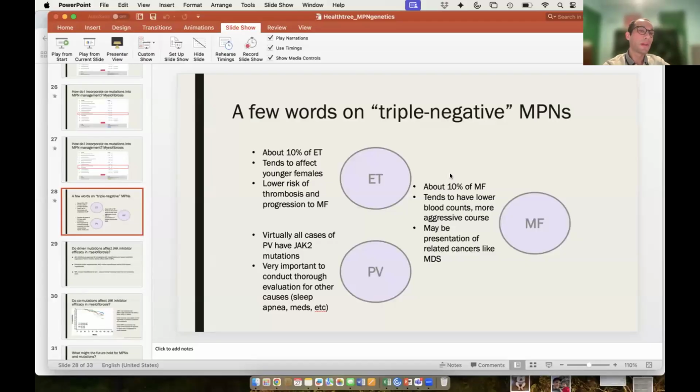We don't know as much as we probably should about environmental triggers in general for hematologic cancers or blood cancers. We know that certain environmental triggers exist, right?